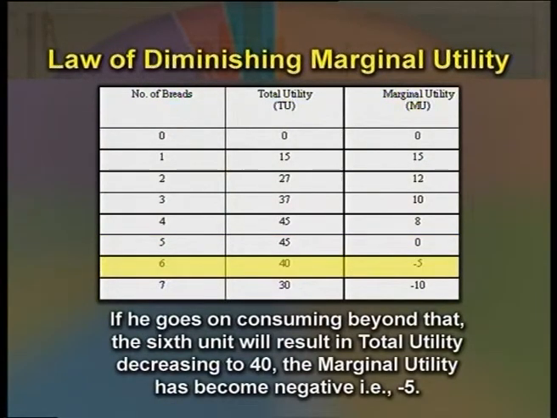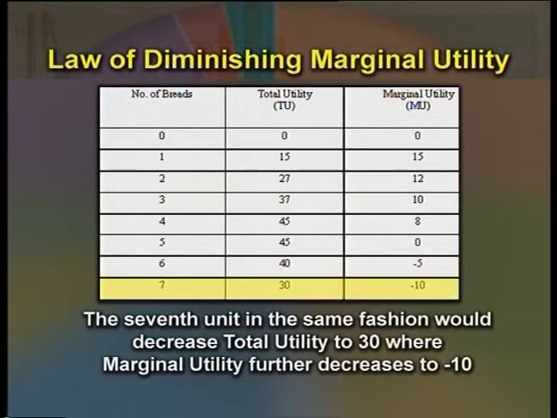And if he goes on consuming beyond that, the 6th unit will result in total utility decreasing to 40, and therefore you can see that this would mean that marginal utility has become negative, it has become minus 5, and the 7th unit in the same fashion would decrease total utility to 30, where marginal utility further decreases to minus 10.